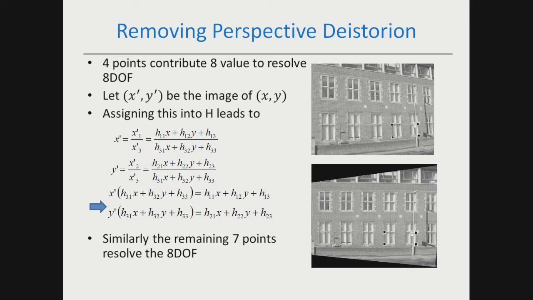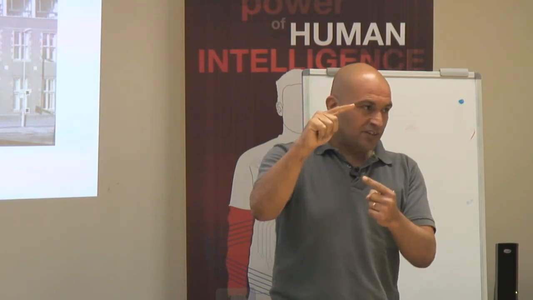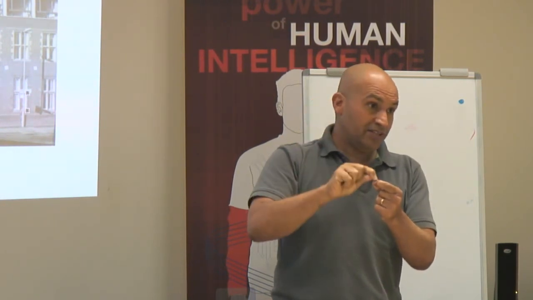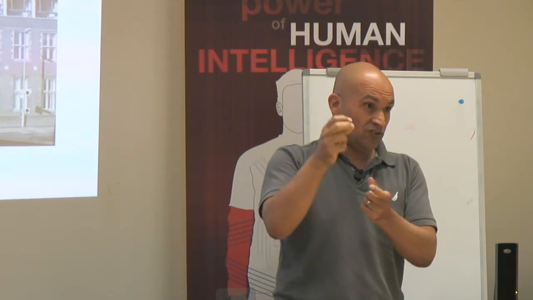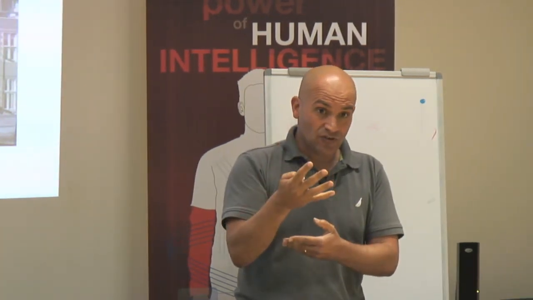If we have 4 points with their corresponding points, that means we know the correspondence between these points, how many equations will we get? 1 point and its image give us 2 equations. 4 points and their images will give us 8 equations.